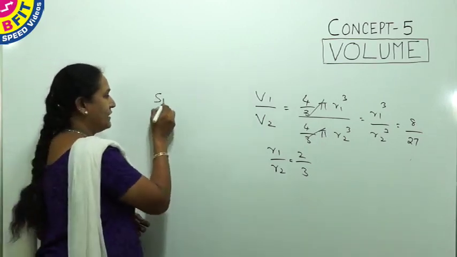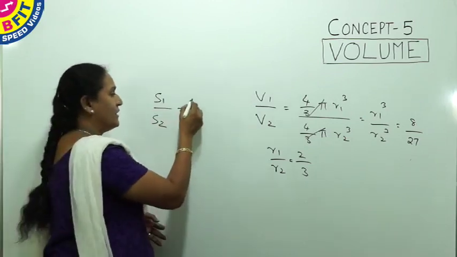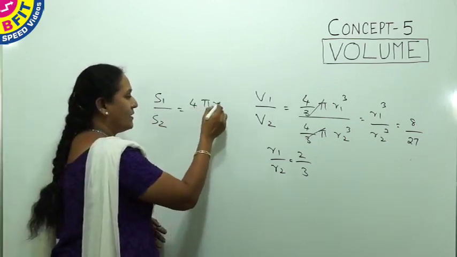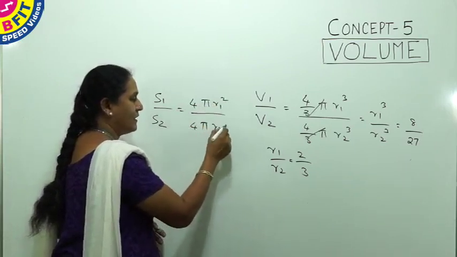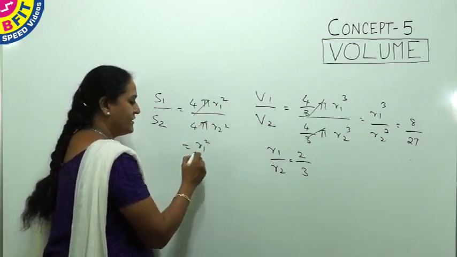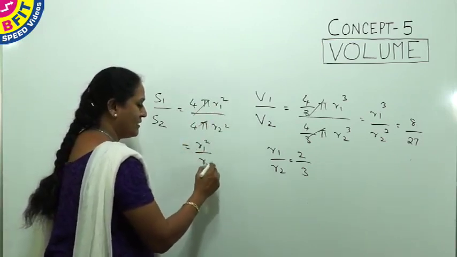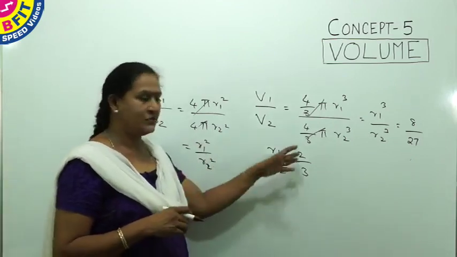So for the surface area of two spheres, the ratio is needed. So the formula is 4 pi r1 square by 4 pi r2 square. So cancelling the common factors, the surface area ratio is r1 by r2 the whole square. So we have got r1 by r2 is 2 by 3.